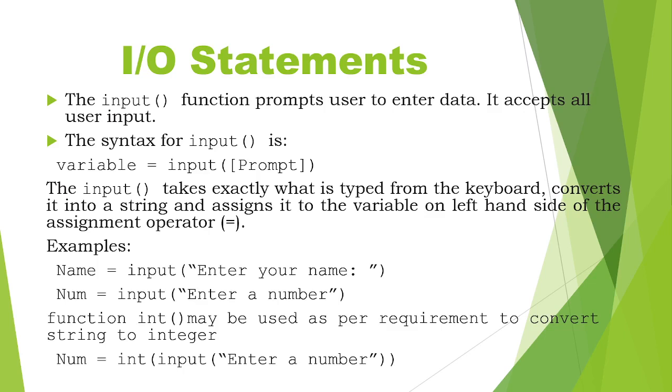Suppose I want to get a number from the user using the input function, then this number will be stored in the variable in string format, and if I want to use this number in mathematical calculations, or as an integer number, then I need to convert the number which is in string format into integer format.